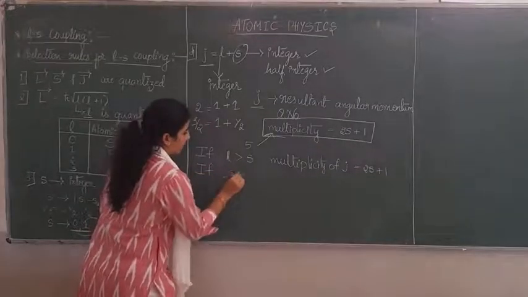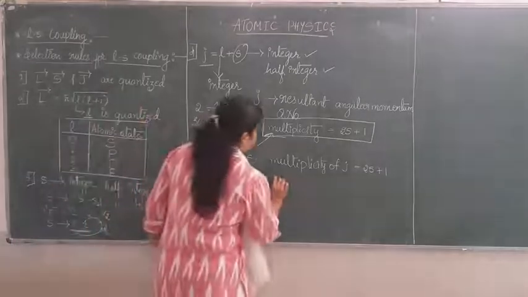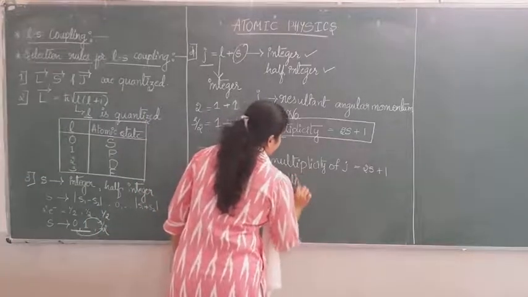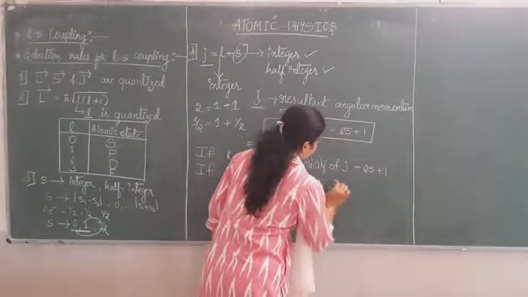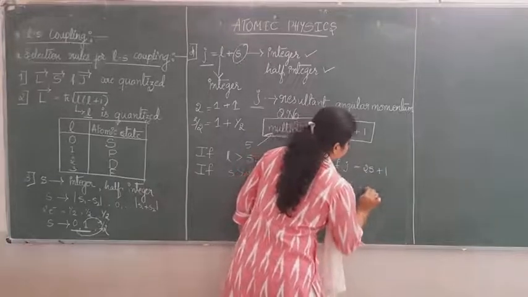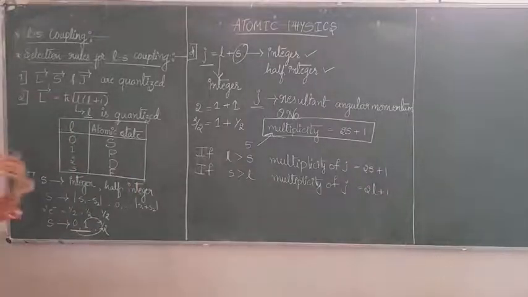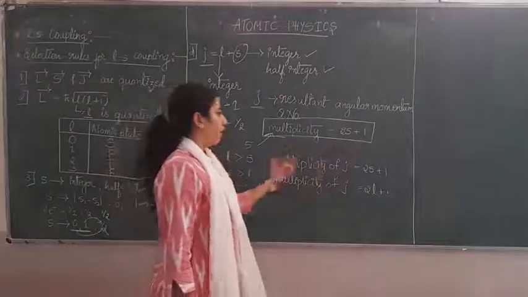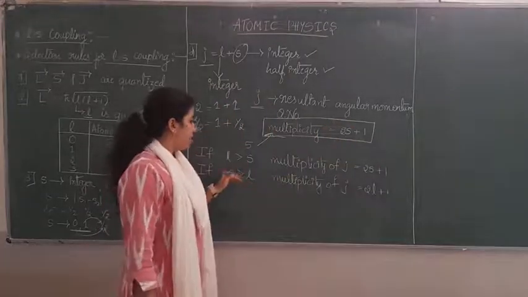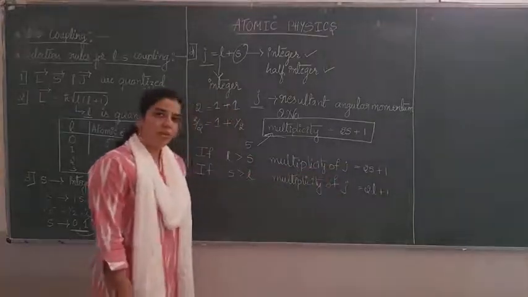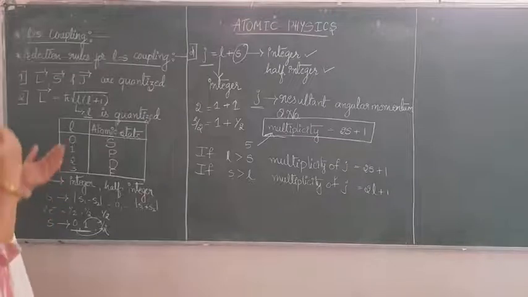If S is greater than L, then the multiplicity of J will be 2L plus 1. Right? So the multiplicity of J can be found using these two conditions. If L is greater than S, then it will be 2S plus 1. If L is less than S, then it will be 2L plus 1. So these are the few different selection rules.